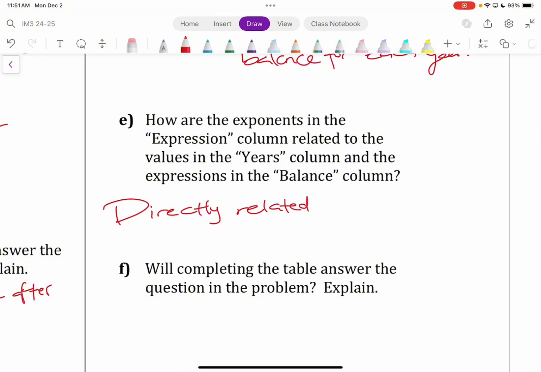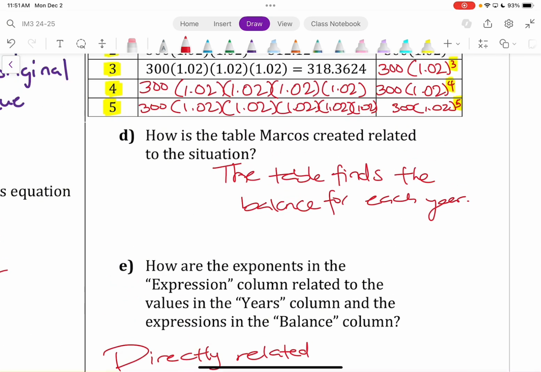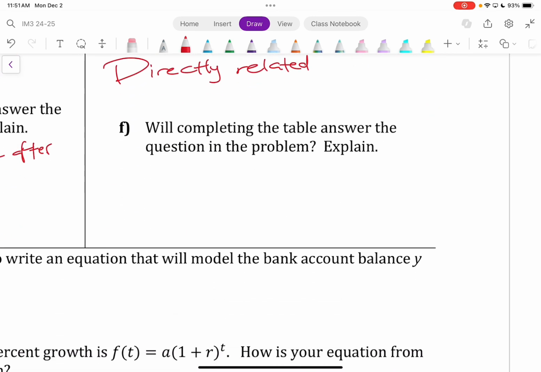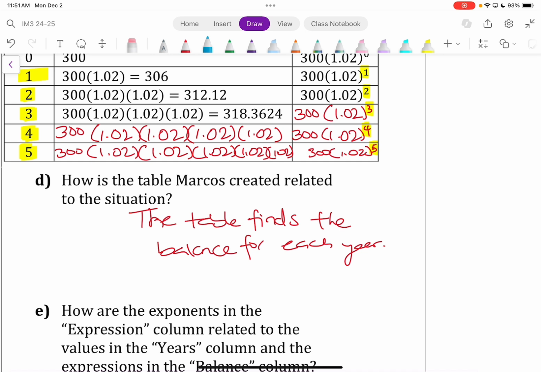Will completing the table answer the question in the problem? Yes. If we figure out what 300 times 1.02 to the 5th power is, we can essentially find our solution, right? Which in this case would equal what? Did anyone get that far? What is the final balance after the 5th year in actual dollars? 300 and what?